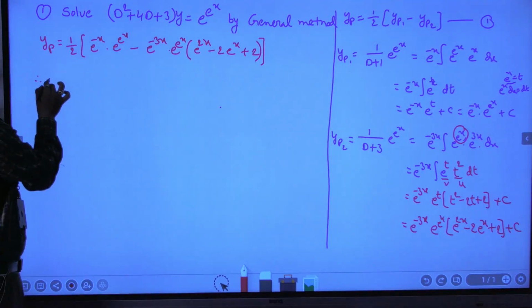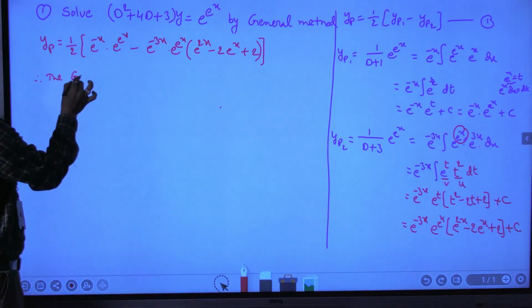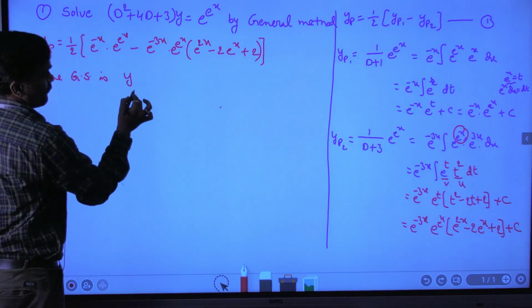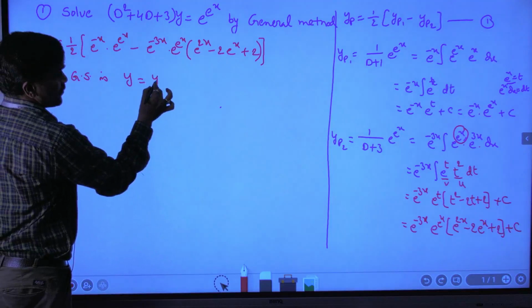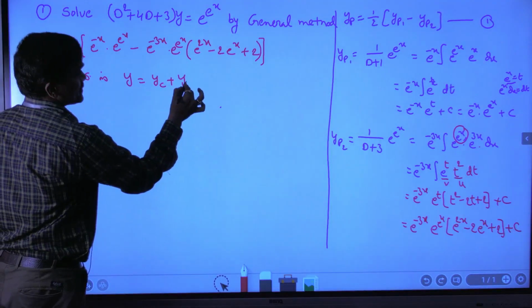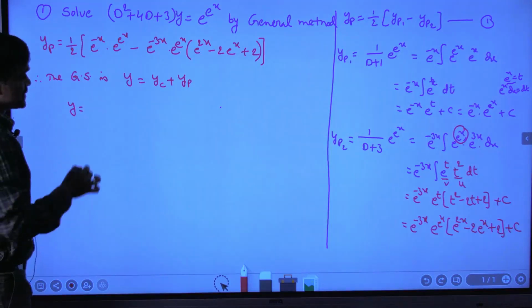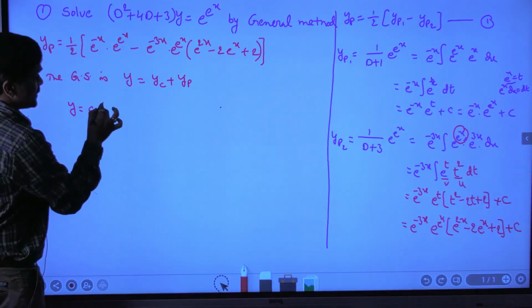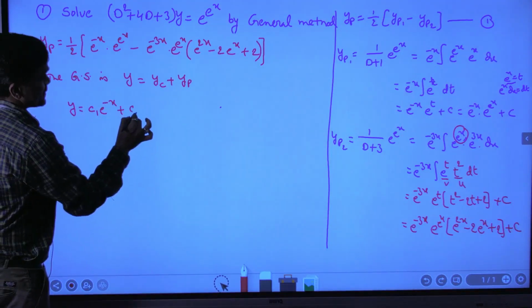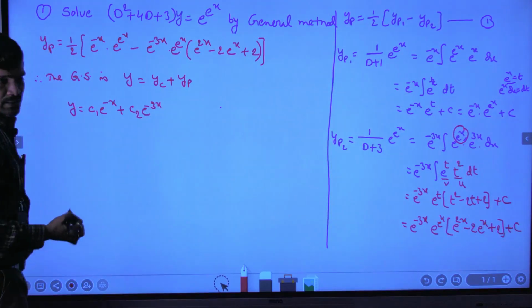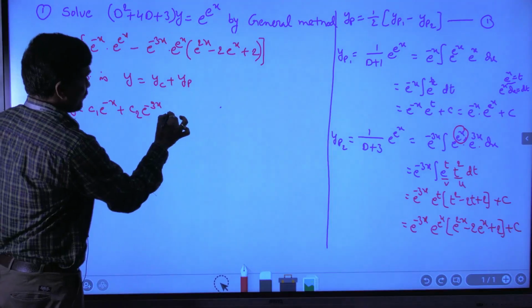Therefore, finally the general solution is y equal to yc plus yp. What is yc? yc is c1 e^(-x) plus c2 e^(-3x). That is yc plus yp.